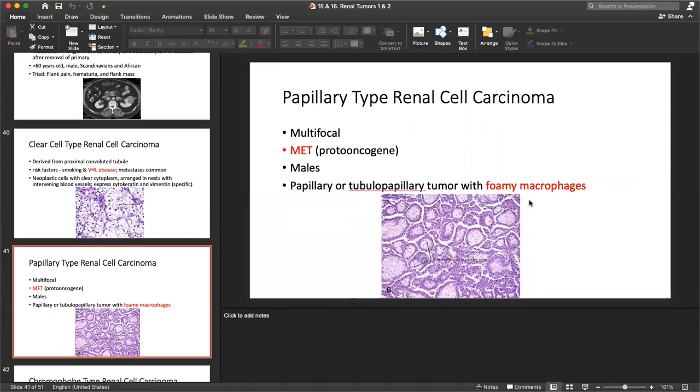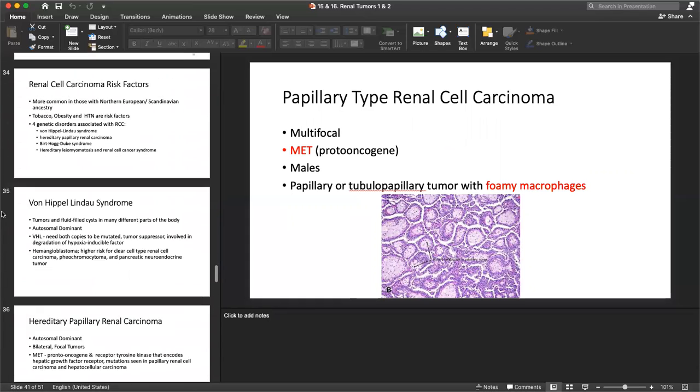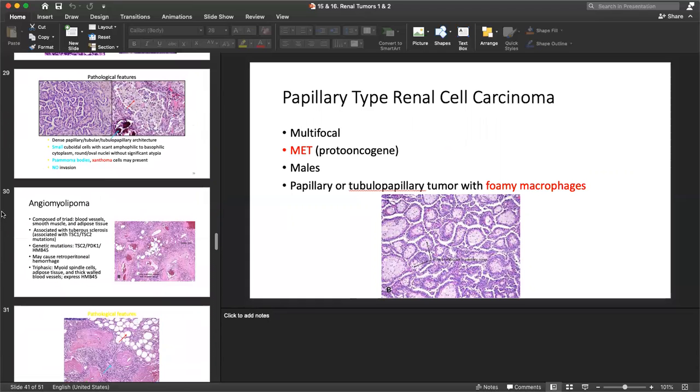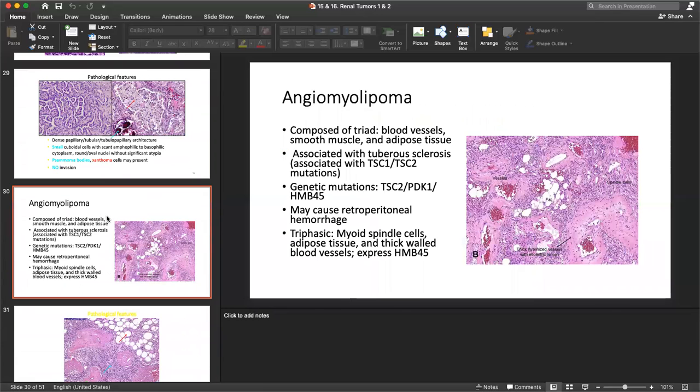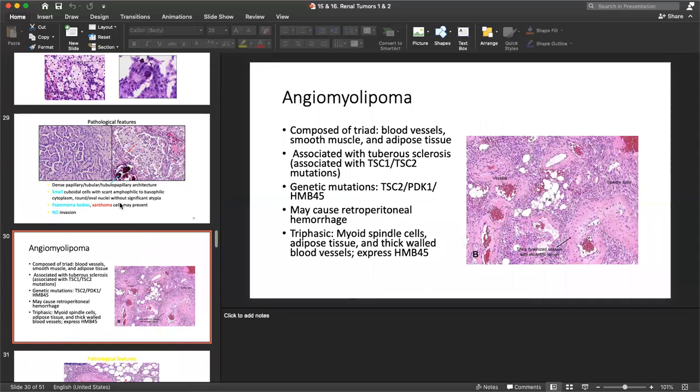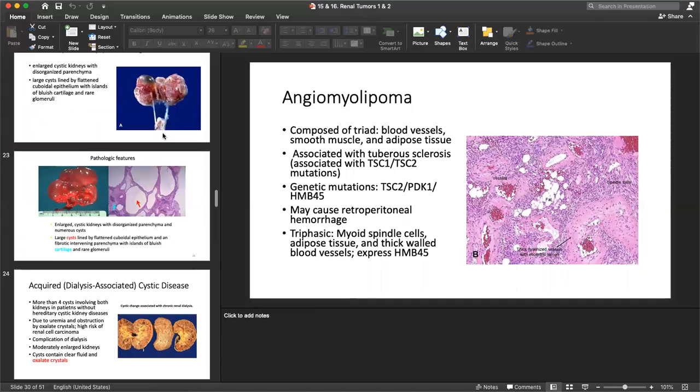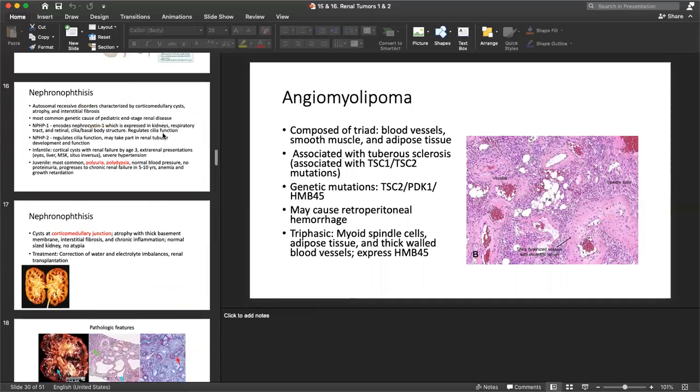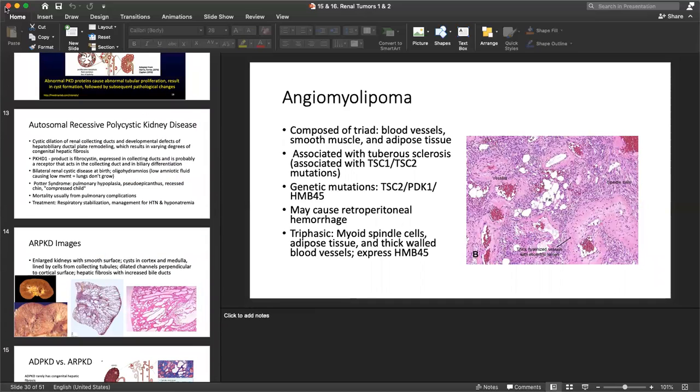Papillary type is more foamy. Angiomyolipoma is going to be blood, muscle, fat. And then we kind of talked about those. Okay. So let us get to the next one.